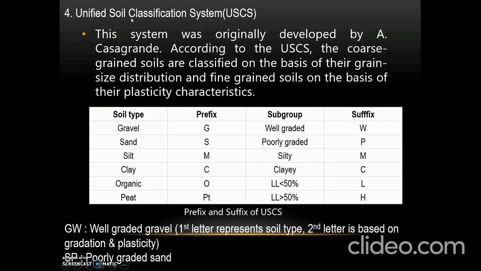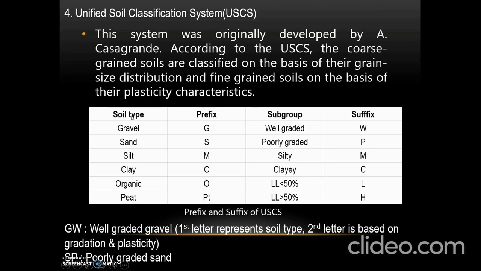Next is Unified Soil Classification System, that is USCS. This system was originally developed by Casagrande. According to the USCS, the coarse grain soils are classified on the basis of their grain size distribution and fine grain soils on the basis of their plasticity characteristics.